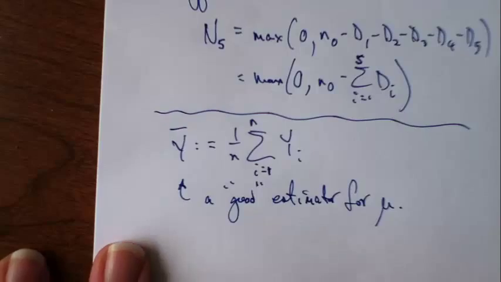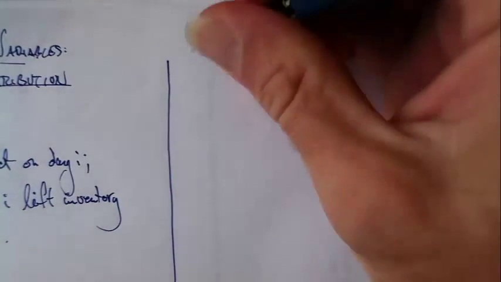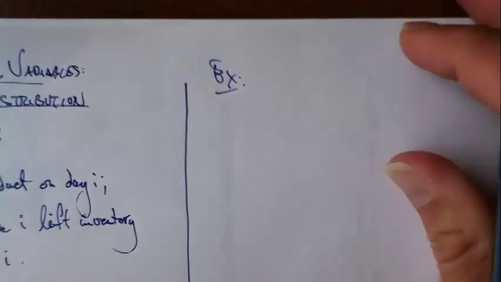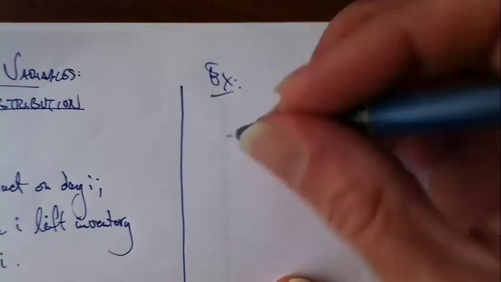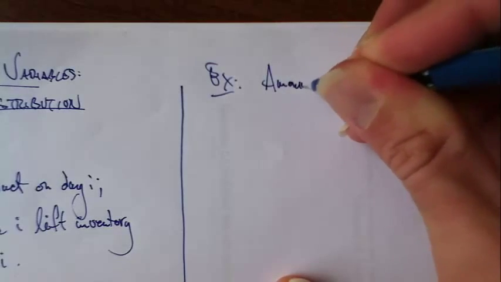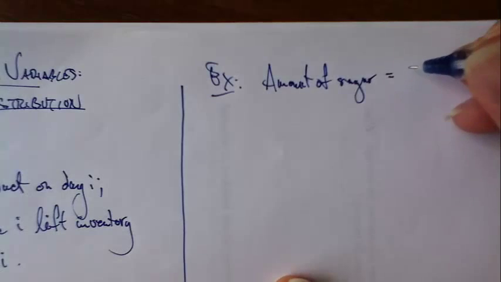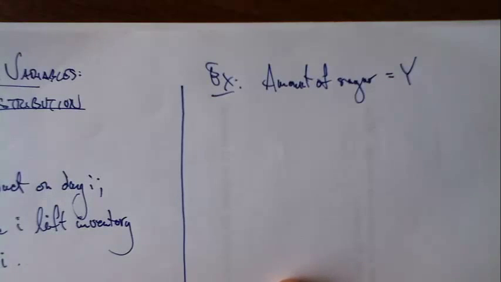Okay. Let's take a look at another example, a more in-depth example. So let's say that a refinery produces a certain amount of sugar each day. We'll say the amount of sugar produced is Y, okay, in tons or ounces or whatever it is.